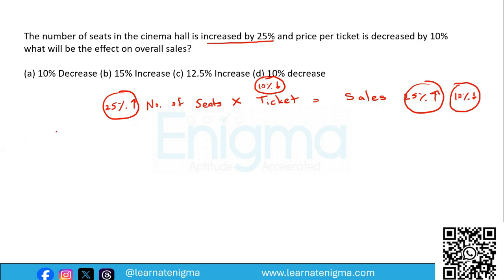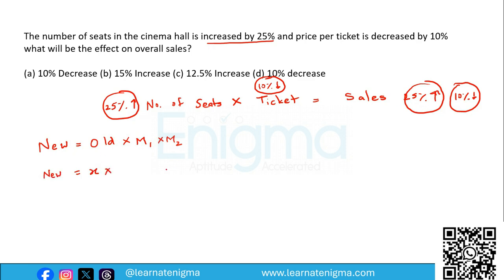There are two methods of solving this. Okay, one by the traditional multiplier concept, where we use our formula new is equal to old into multiplier. Now, because there are two percentage changes, it will be multiplier 1 into multiplier 2. So new value will be, let's assume the old sales as x.